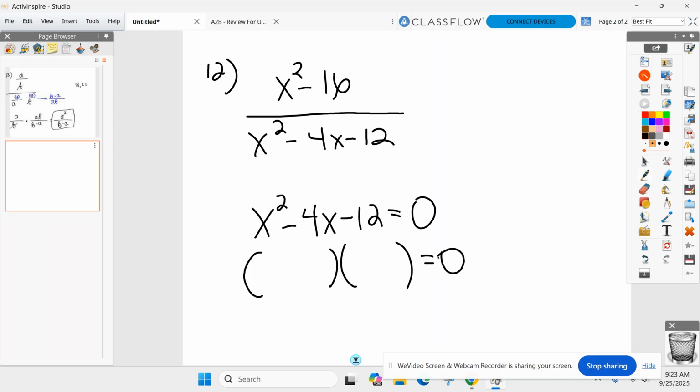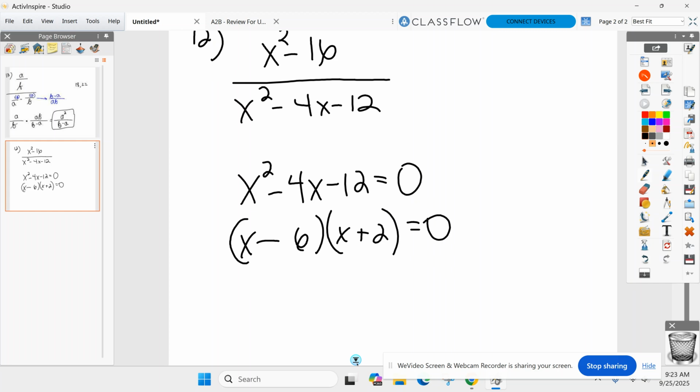Numbers that multiply to 12, 4 apart. 12 and 1 won't work. 3 and 4 won't work, but 6 and 2 will. What are my signs here? -6, +2. And now set them equal to 0.